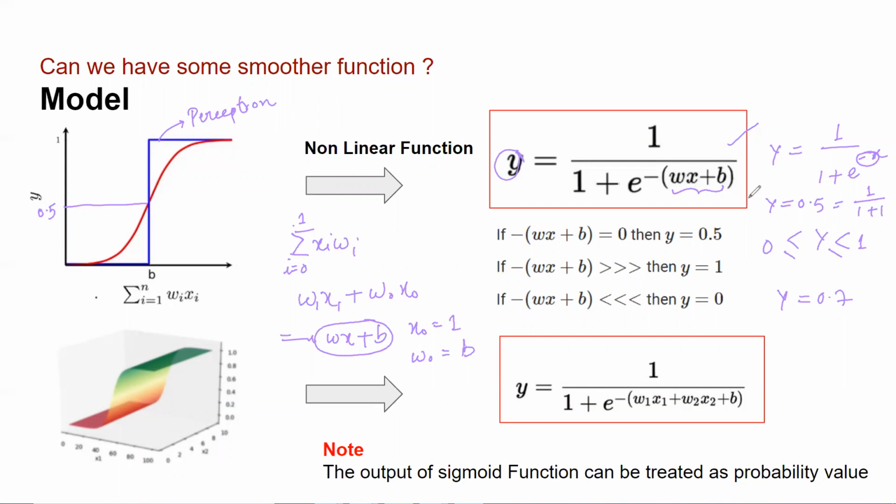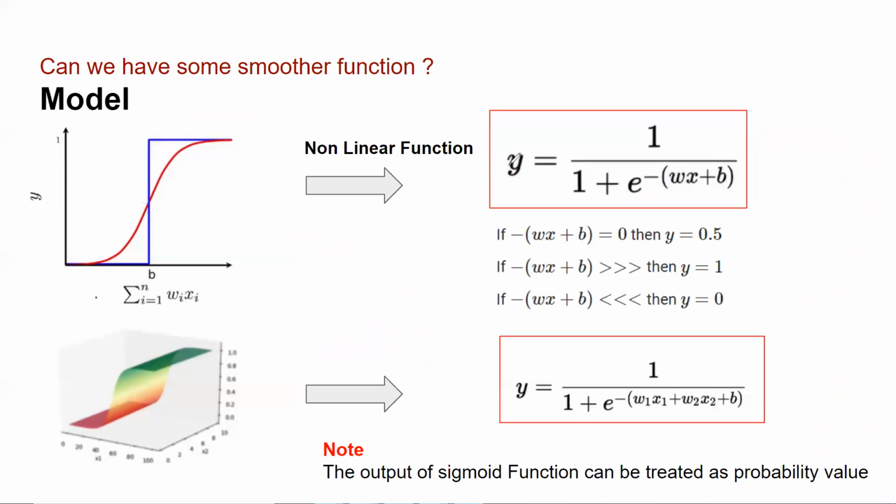In that case, this part will knock off, because it will be approximately 0: 1 upon e raised to a very large number, let's say infinity, is almost 0. So that expression will become 1 upon 1 plus 0. That is 1, right?